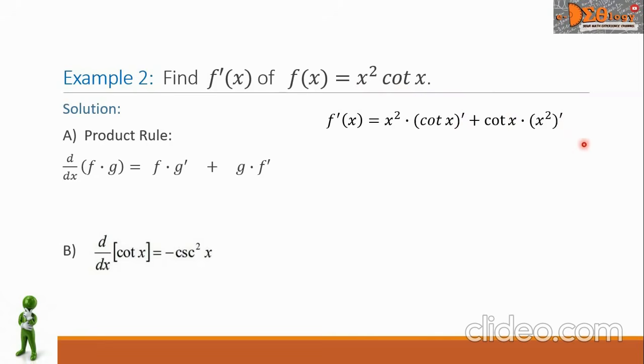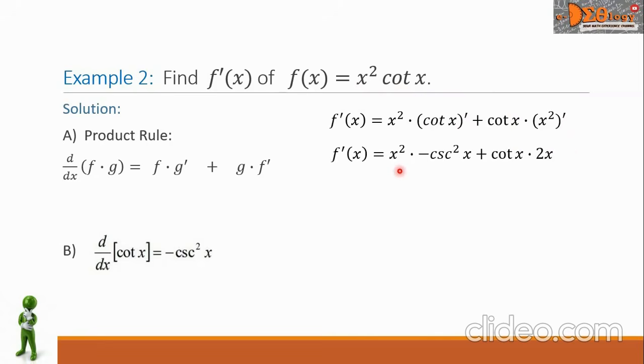Let us now simplify the derivatives. So we have x squared times the derivative of cotangent x is negative cosecant square x plus we copy again this cotangent x times the derivative of x squared, which is 2x. Now let us simplify the corresponding products.